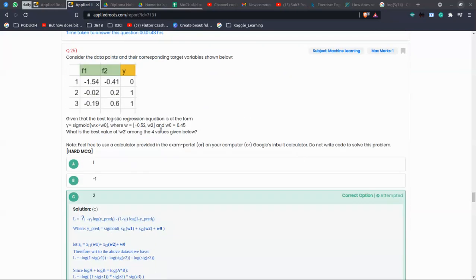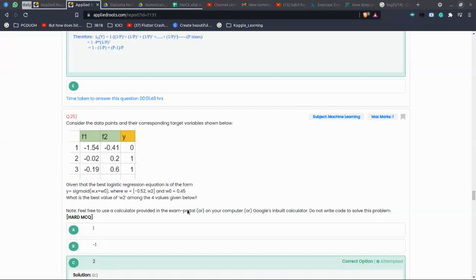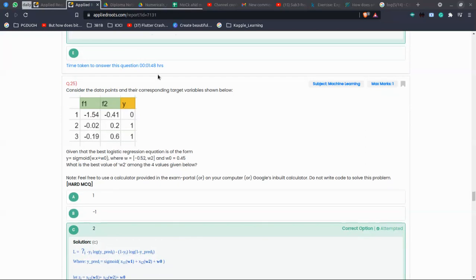Now everything okay. So, question number 25, very good question. This type of question we solved yesterday. There they had given W1 and W2, and we needed to find the best value of W0. Now, consider the data points and their corresponding target variable shown below. So F1 and F2, and the target variable is 0, 1, 1.